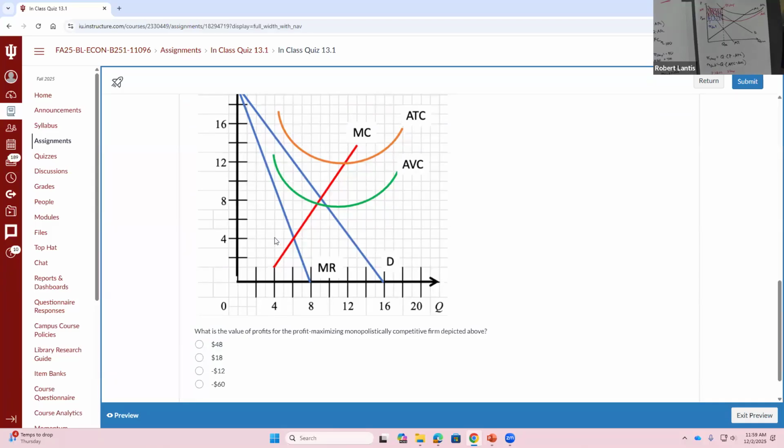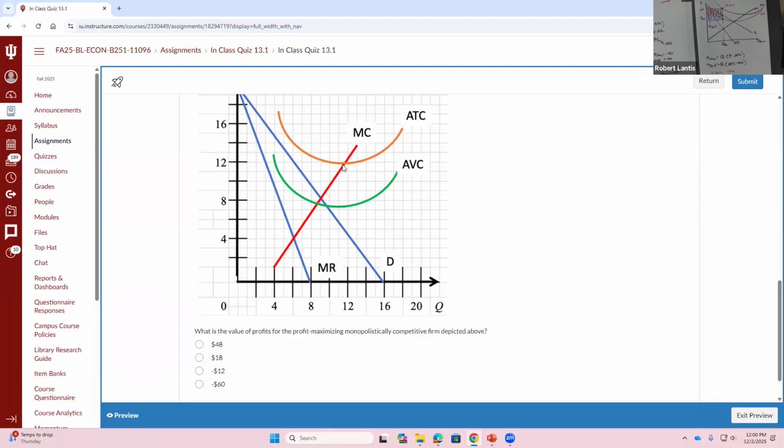Okay? So if we stayed open, which we said we should, our profits were what? Negative 12, right? Now, looking at this ahead of time, if I know price is above average variable cost, what should be true about my profits if I stay open relative to if I shut down? They should be a smaller negative value.